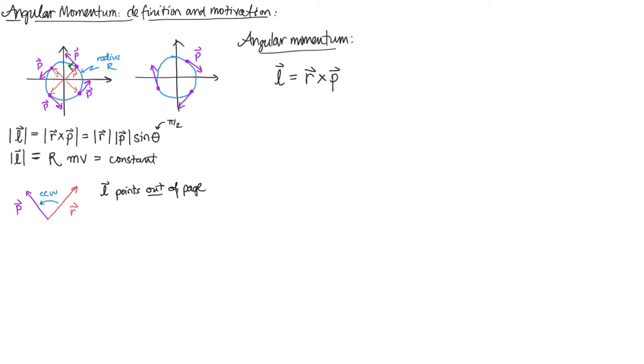Okay, so in this problem right here, the angular momentum points out of the page. The direction is never changing, r cross p at all points along the circle points out of the page, and the magnitude of L is unchanging, and so indeed we found a quantity for this system which is constant, both in magnitude and direction. Constant magnitude, r and v, constant direction, out of the page.